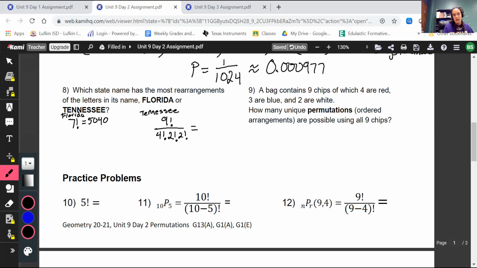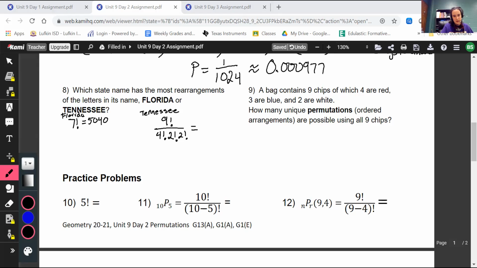Now, when you put this in the calculator, you need to make sure that 4 factorial times 2 factorial times 2 factorial is in your denominator. It is at the bottom of your fraction. So control divide, 9 factorial. And my way to make sure that we are completely at the bottom of our denominator is to put parentheses around it.